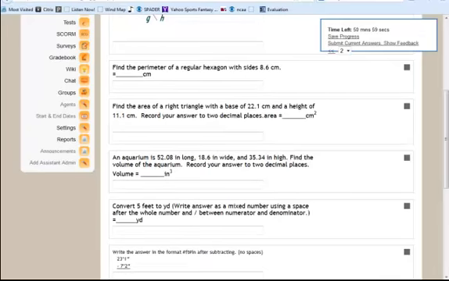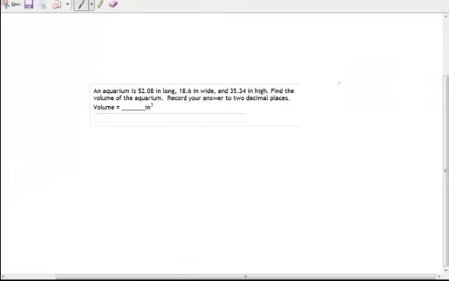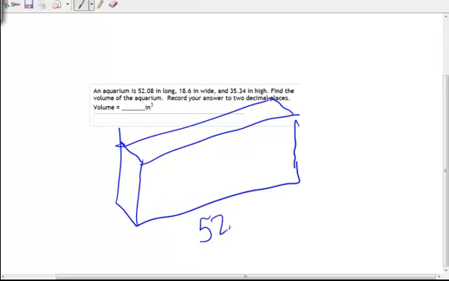For the next one, you've got an aquarium, so we have to draw an aquarium that is 52.08 by 35.34 by 18.6, and just multiply those 3 numbers together.